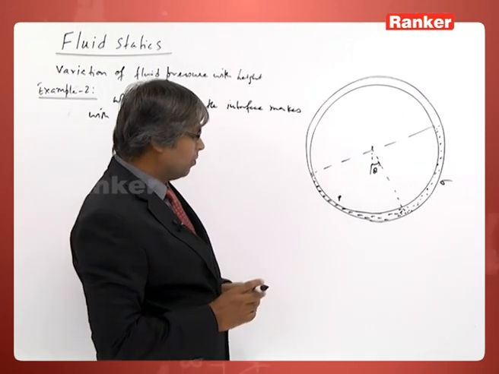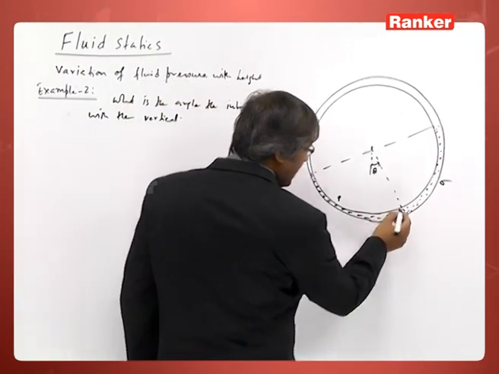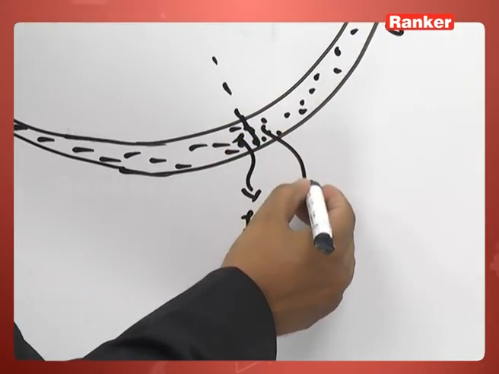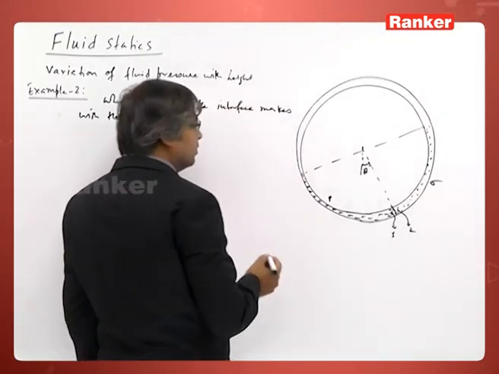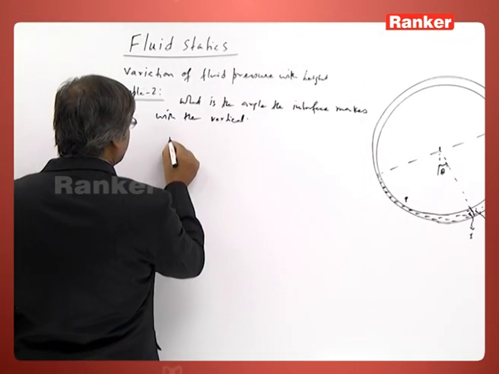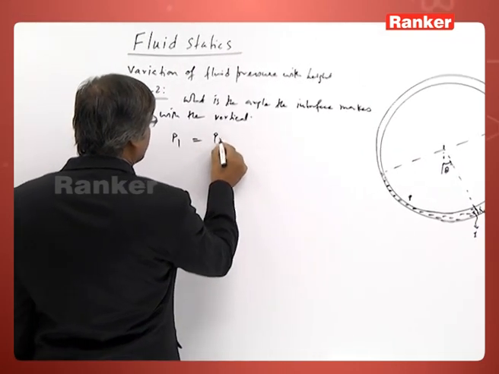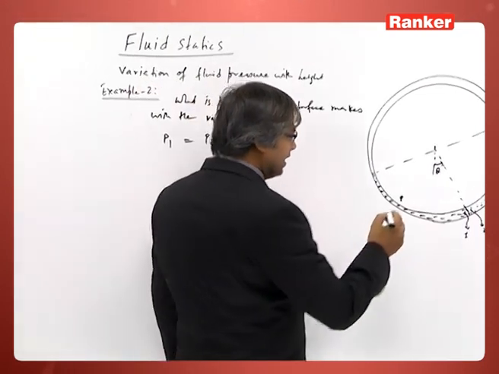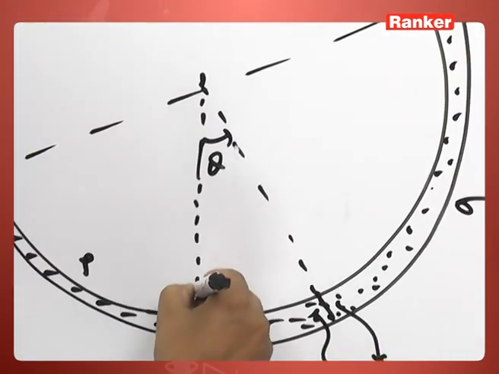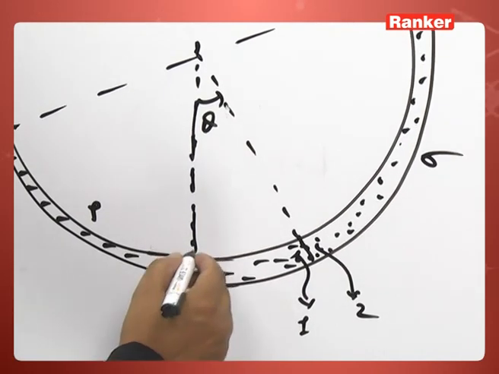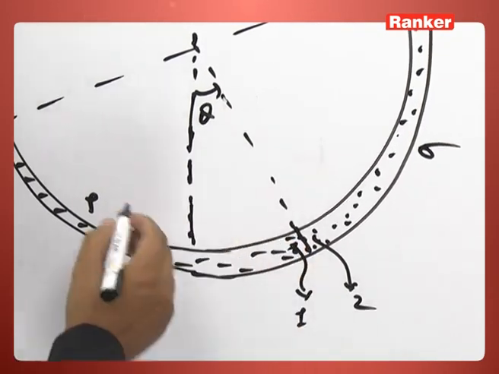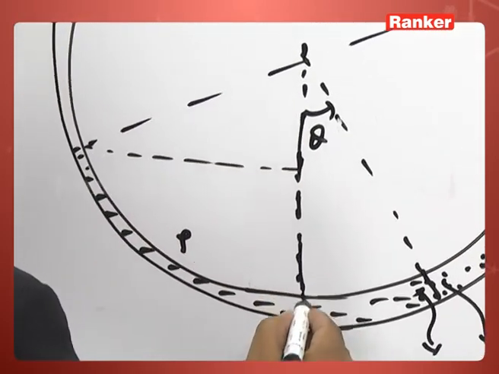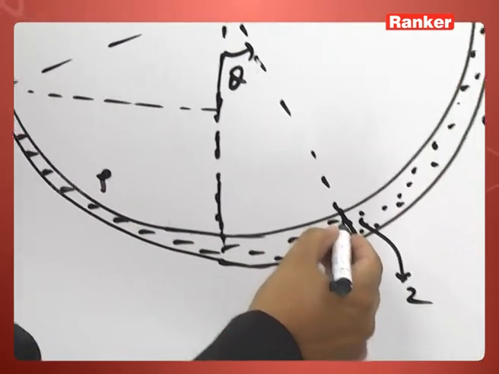Now, what we do, again we take 2 points, one point here and another point here. Again this time I am going to equate the pressures at 1 and 2. In order to equate the pressures at 1 and 2, I have to know what the pressure is here.